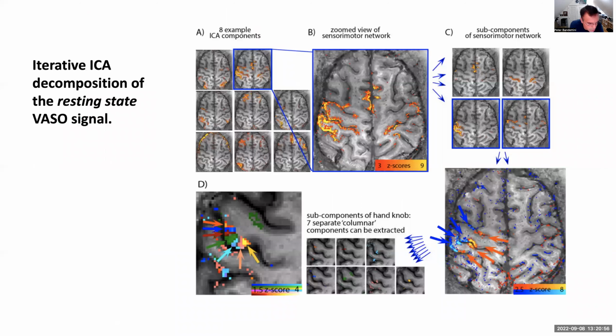So there are other approaches too. There are ways of looking at the digit representation just using resting states. And this is a very crude but intuitively graspable approach. We basically did ICA of the whole brain. We zoomed into a specific network of the ICA and did ICA again.